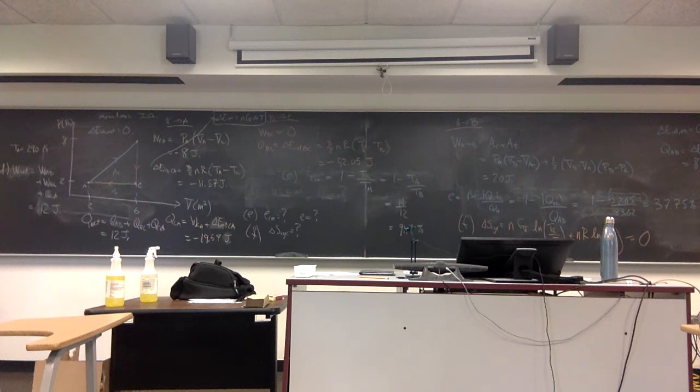Oh, R is 8.31. That'll be on the first page. Oh, well, let's start. We don't do simple. So here it's T times V to the gamma minus 1, and here it has to be the same.